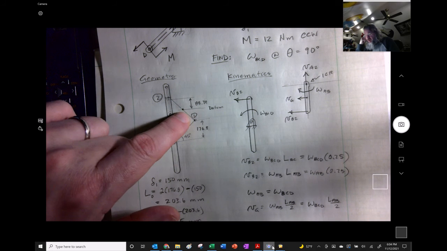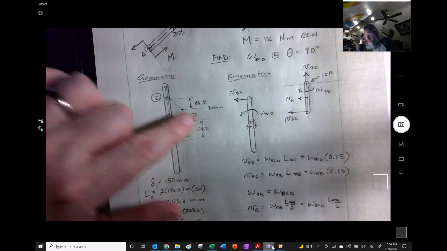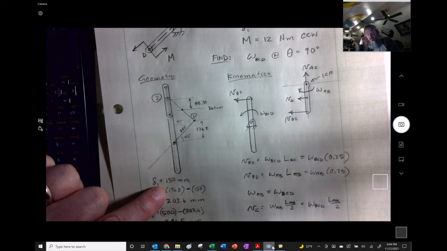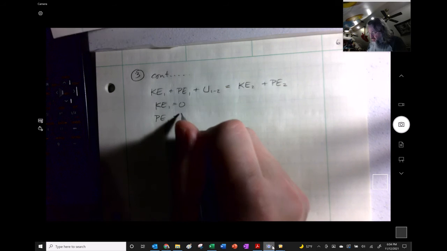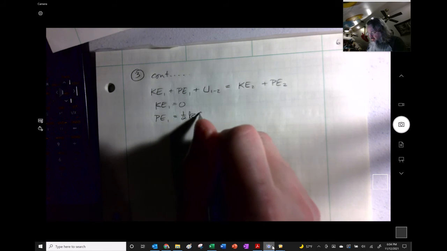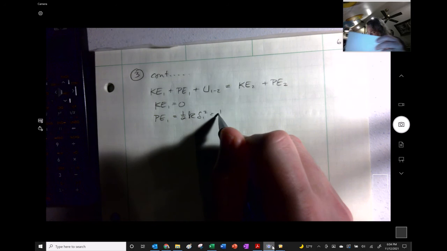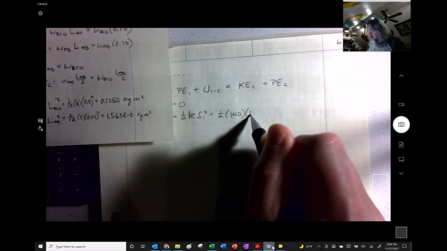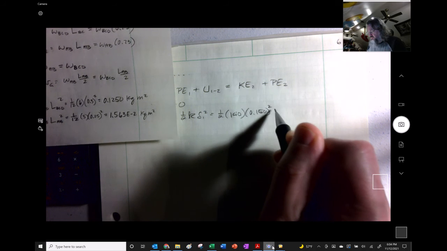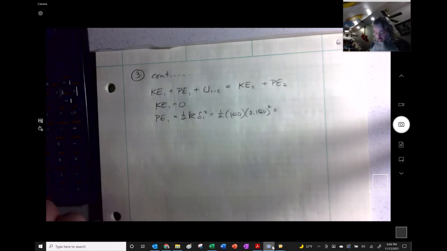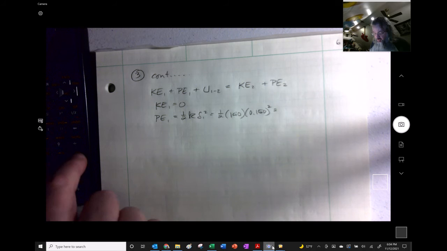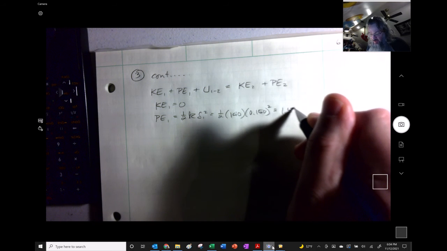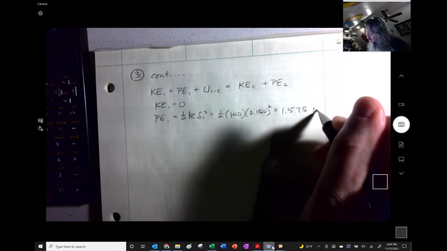So state 1 for the gravity aspect is the datum, so it's 0. But we still have the spring, so we have to take care of that. It's 1/2 K delta 1 squared. The K was 140, and the delta 0.15 squared. So 0.15 squared, 140 times, divided by 2, and we're left with 1.575 Newton meters.